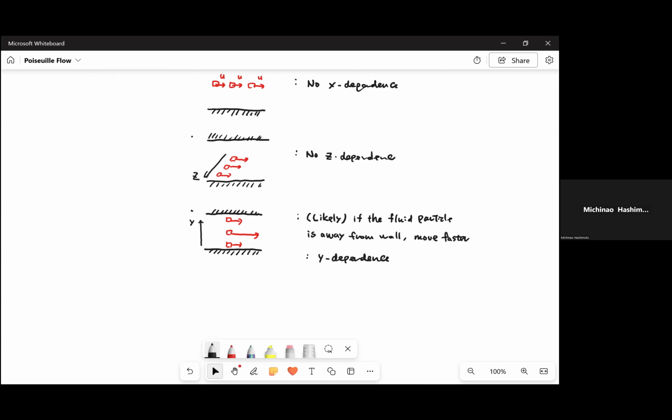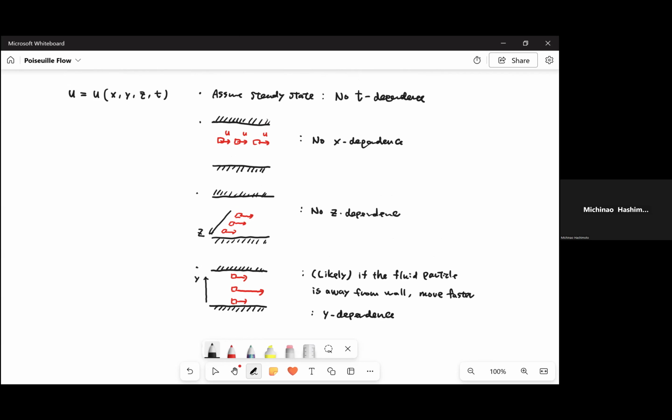To summarize, originally the velocity u can potentially depend on four different variables: x, y, z, and t. However, for completeness, it does not depend on t because it's steady. It does not depend on x as long as they establish the steady flow, and it probably also doesn't depend on z.